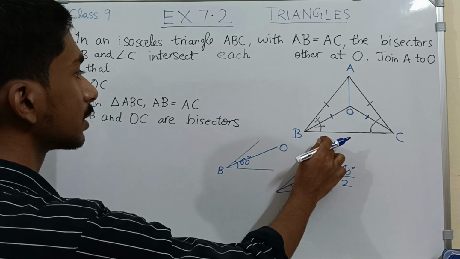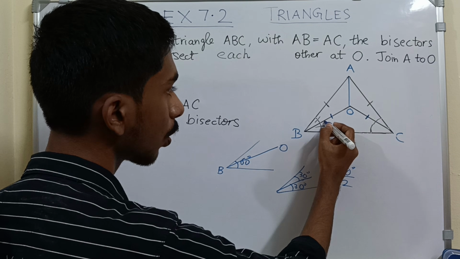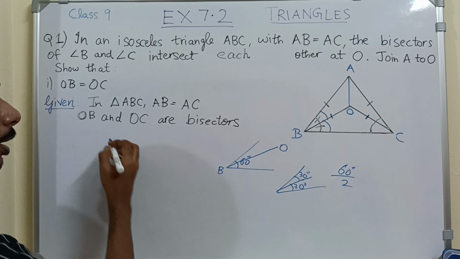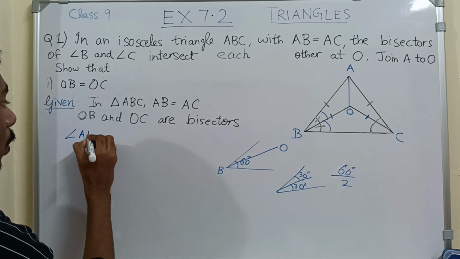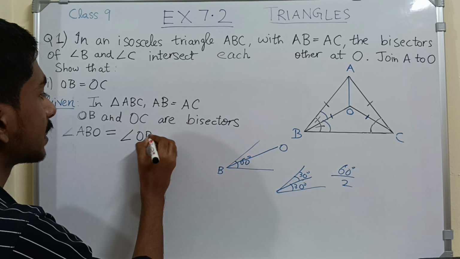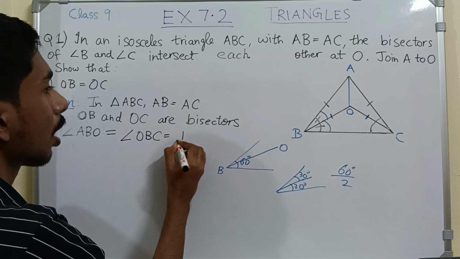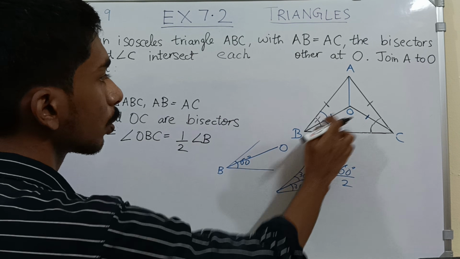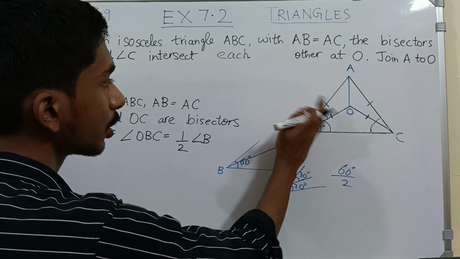So here what happens? We have two angles, angle OBC and this angle ABO. So angle ABO is equal to OBC, is equal to half of angle B, because OB is cutting this angle B into two equal halves.